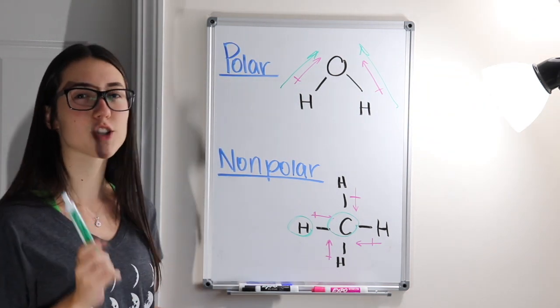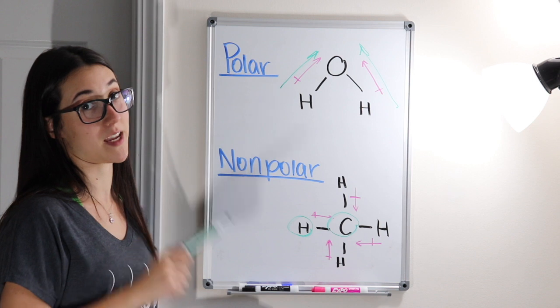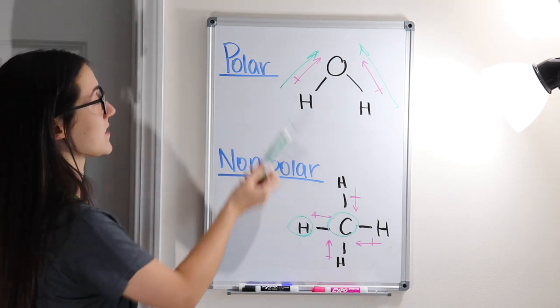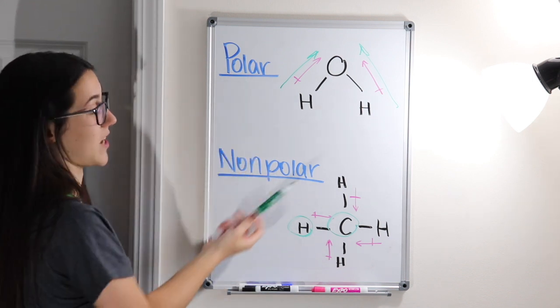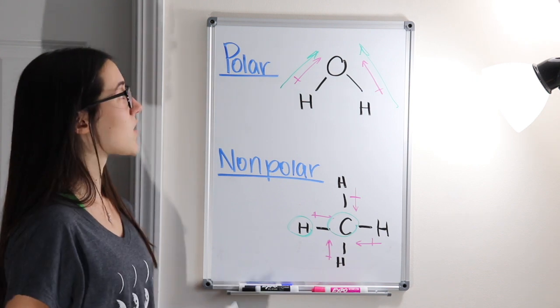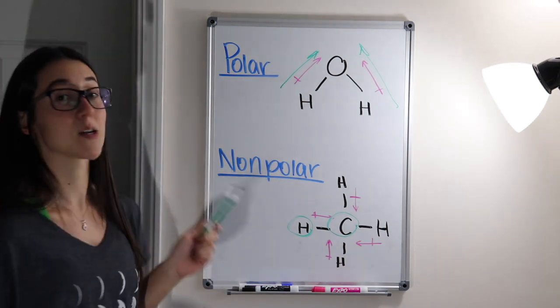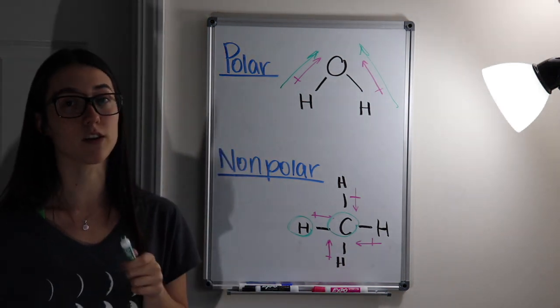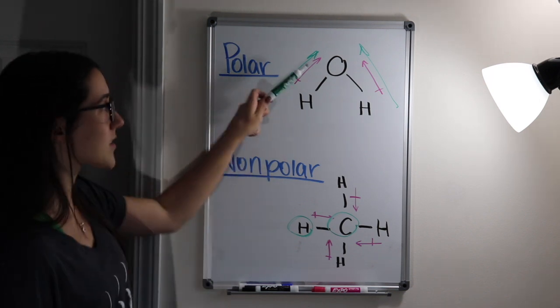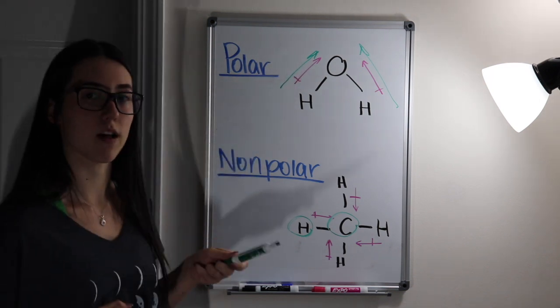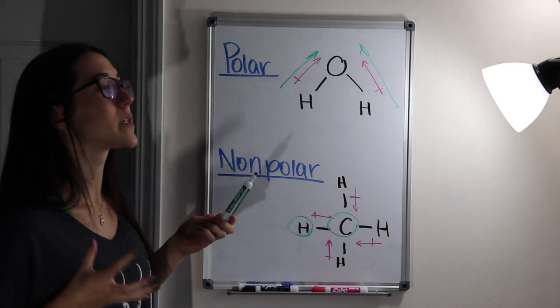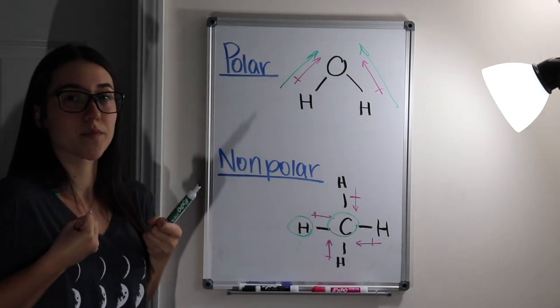And so they're still sharing, but they're not sharing equally. And that's what makes the molecule polar instead of non-polar. And so, although these two molecules are still covalent and they're still sharing their electrons, the oxygen is stronger than the hydrogen, and so it's able to pull more.